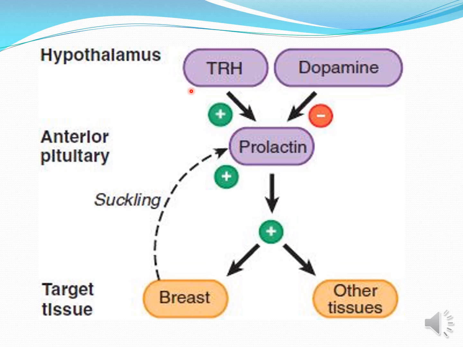TRH, which is also called thyrotrophin releasing hormone, stimulates the rate of transcription of prolactin gene. You are seeing this dopamine has an inhibitory effect on prolactin secretion from the anterior pituitary, and thyrotrophin releasing hormone has a stimulatory effect on anterior pituitary for the biosynthesis of prolactin.